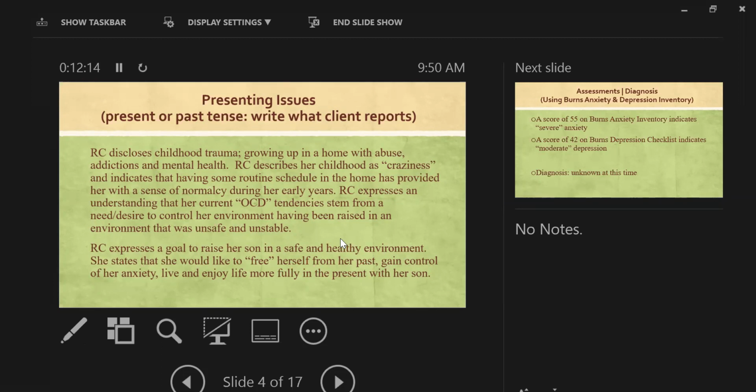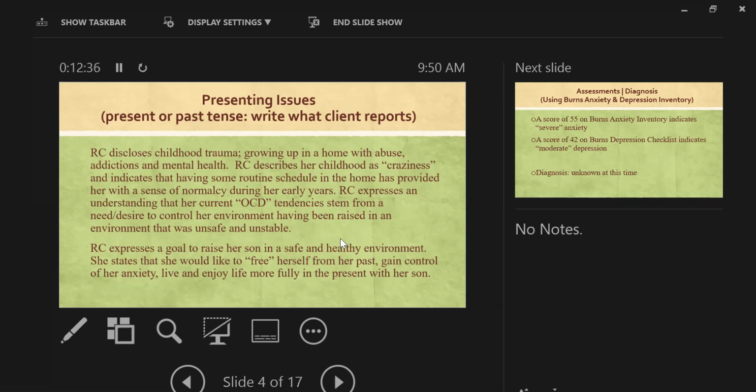And let's go to the last sentence. RC expresses to raise her son in a safe, healthy environment. She states that she would like to, quote unquote, free herself from her past, gain control of her anxiety, live and enjoy life more fully in the present with her son, right?